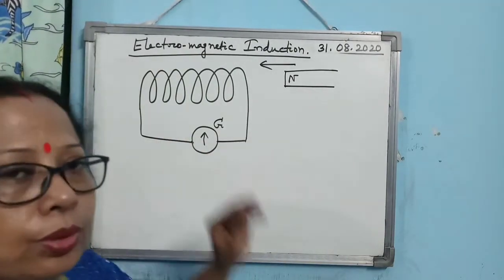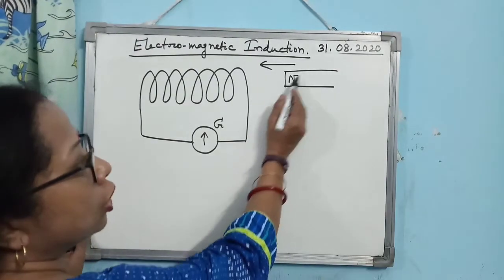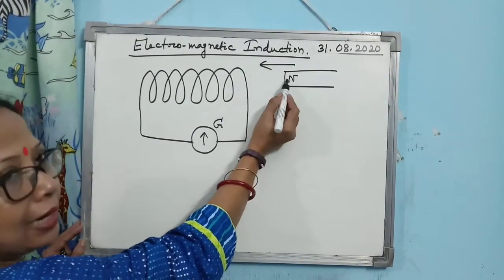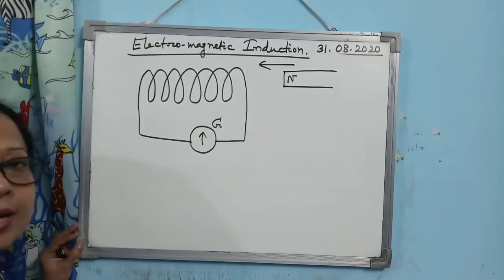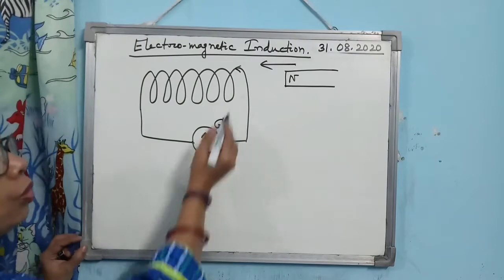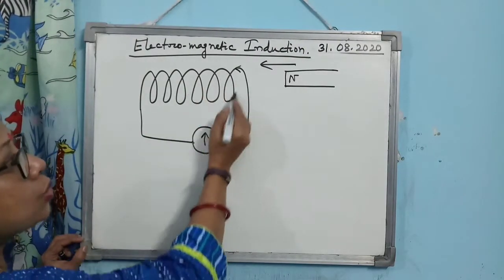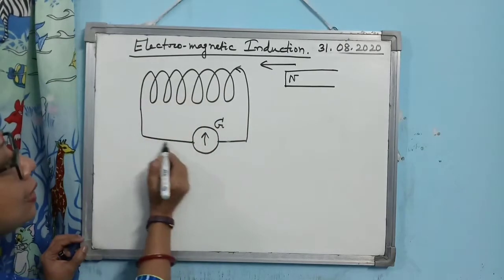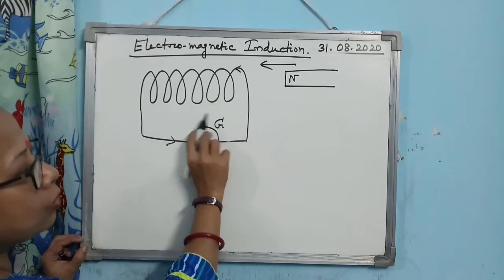Alright. Now you do this. Suppose you have taken the north pole of a magnet and you bring the north pole very fast towards the coil. Then you will observe that current will flow in the coil in this way. You see, the current is flowing in this direction and the galvanometer will deflect in this direction.